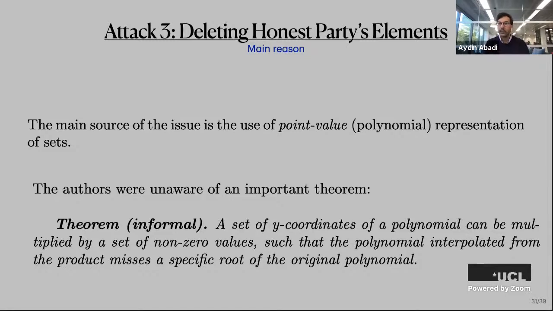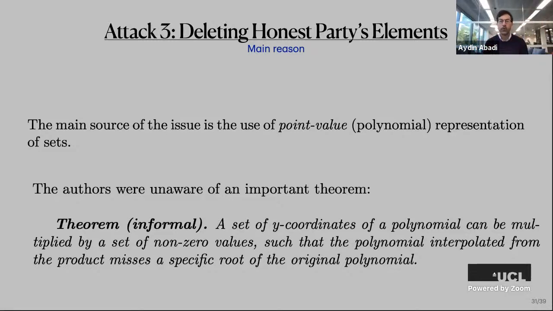Informally, if we have a set of Y coordinates, we can multiply this set of coordinates with another set of coordinates, such that if we interpolate a polynomial using the product and x coordinates, then the result will miss certain roots of the original polynomial.